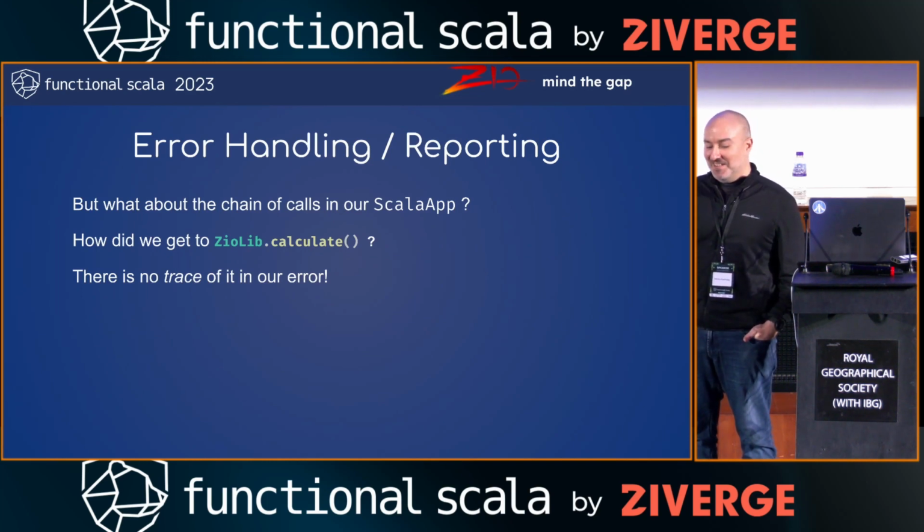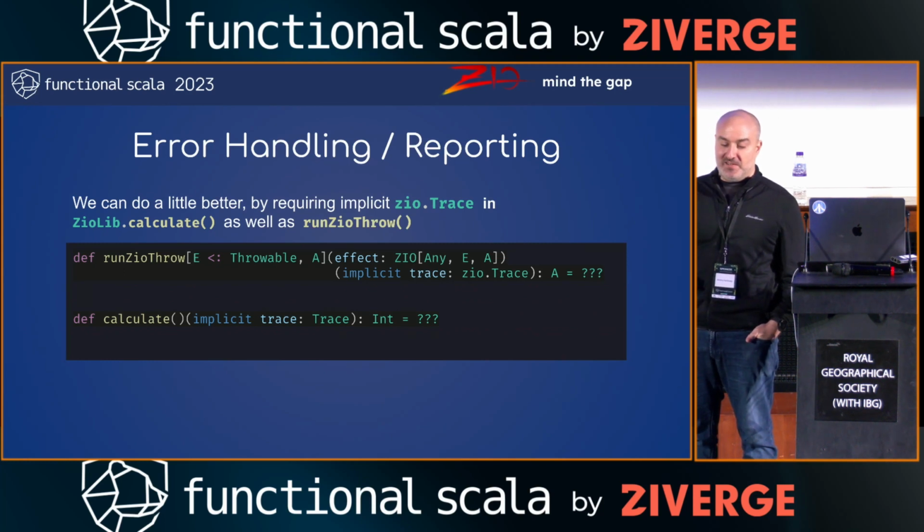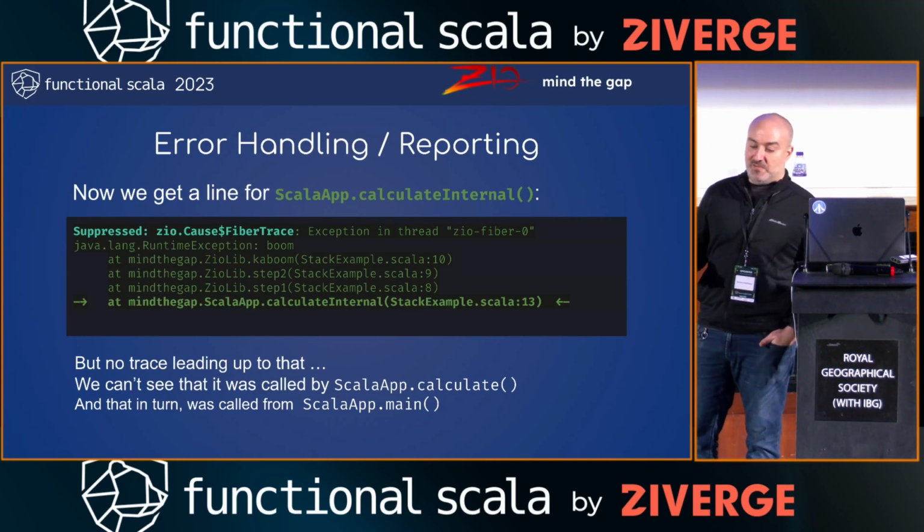What can we do about that? We can put an implicit trace in our runZIOThrow in our calculate. Then we will get the Scala app calculate internal, which is one line we can get in our fiber trace from ZIO, which is already better than nothing.